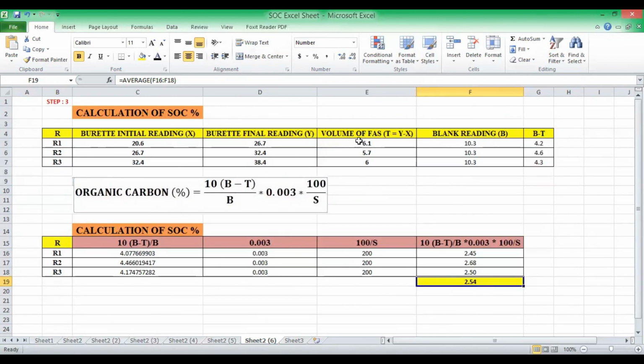Okay, and from there, you follow this procedure, B minus T, this part of the formula, this and this with the weight of soil. And then finally, you get the soil organic carbon percentage for each replicate, and the one that you'll express in your result is not these, but this single value, which is 2.54%. So with this, we have come to an end of this video.